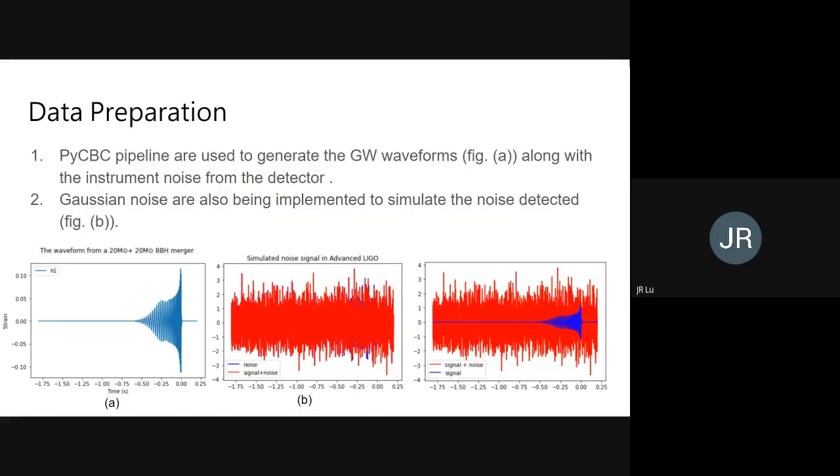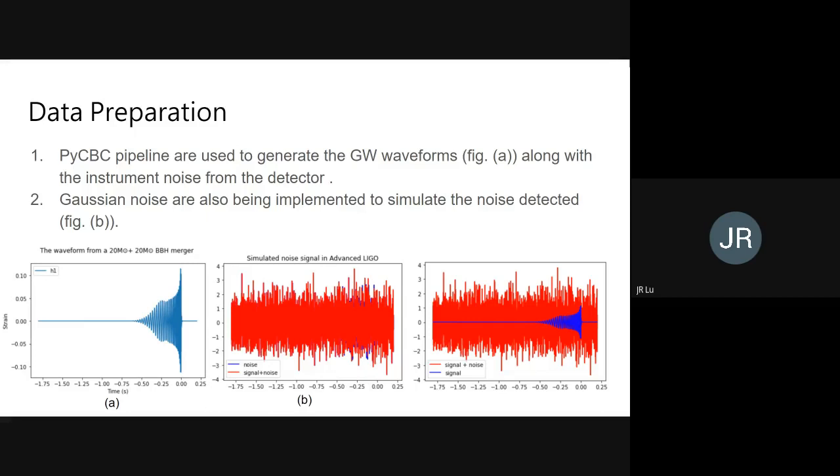Up to now, only approximately 50 binary black hole events have been detected, which is far too few to train a good machine learning model. So we plan to generate simulated data ourselves.